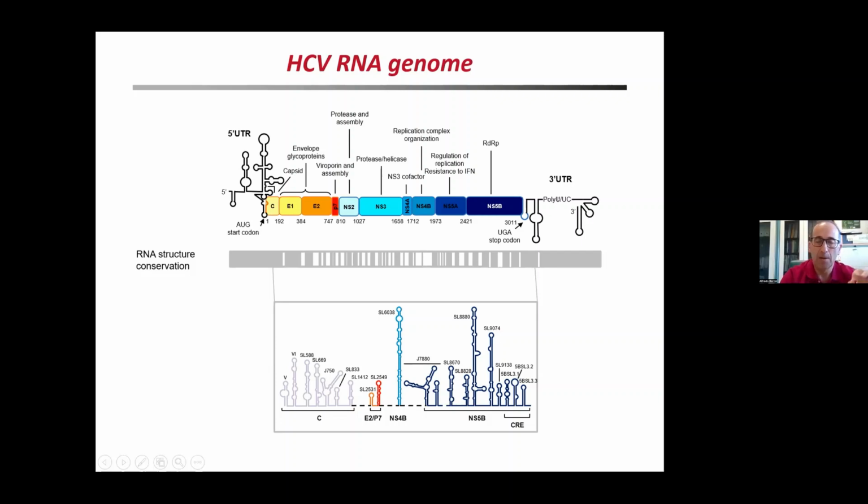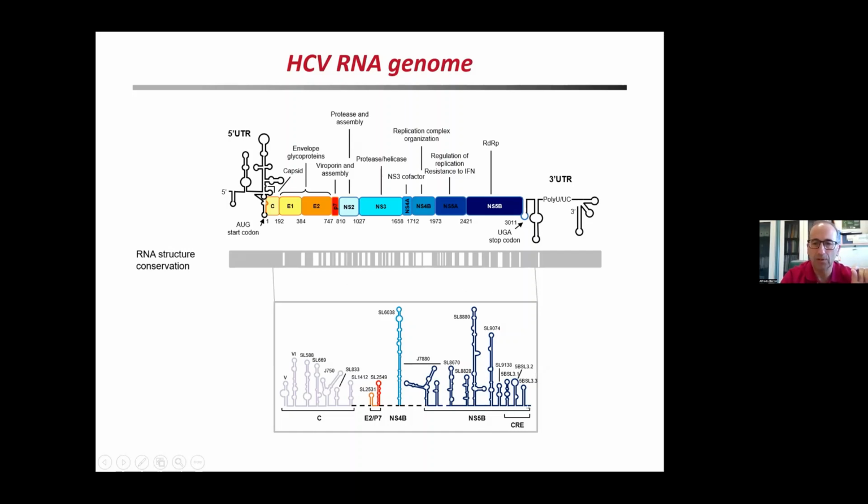But this structural conservation is not restricted to the ends of the genome; it can be found all throughout the open reading frame. In this representation, I indicate with gray boxes the structural conservation all throughout the RNA genome. At the bottom, I have depicted a few of these structural units that have been characterized.